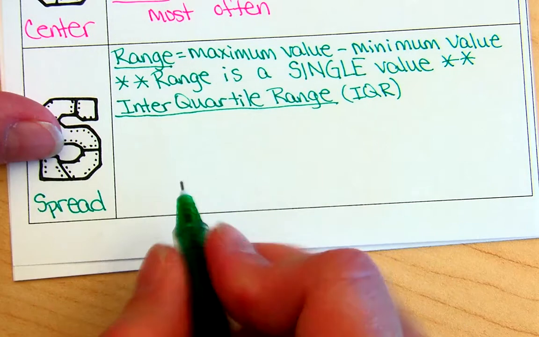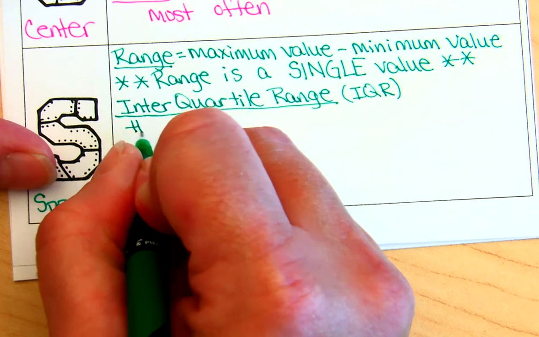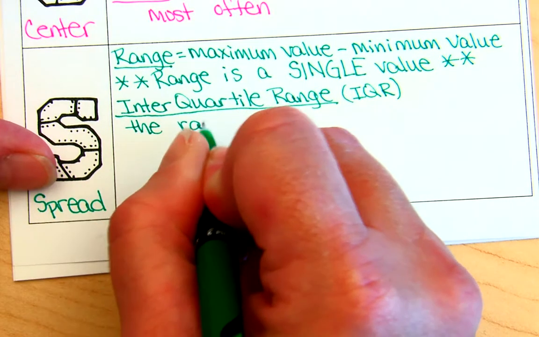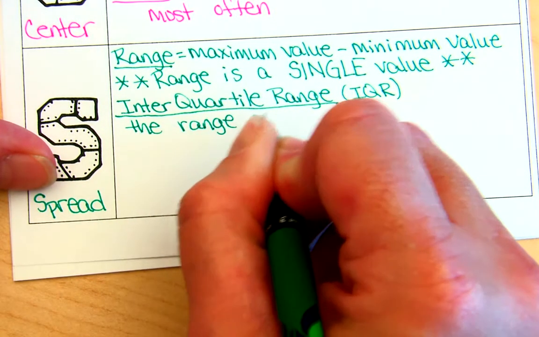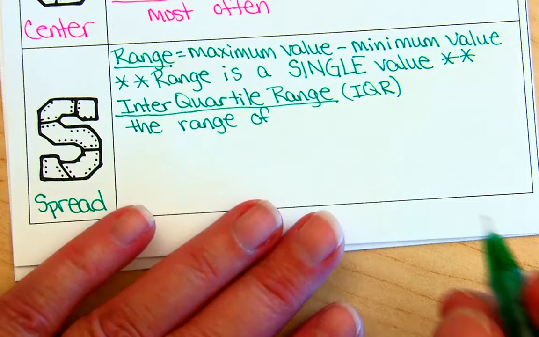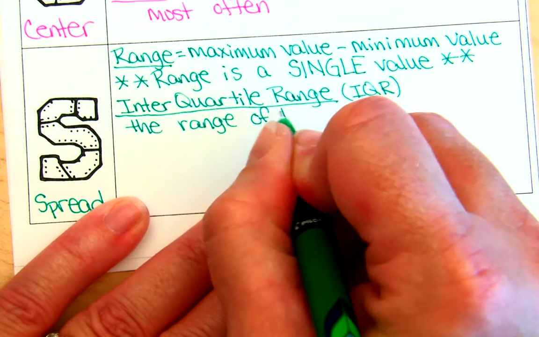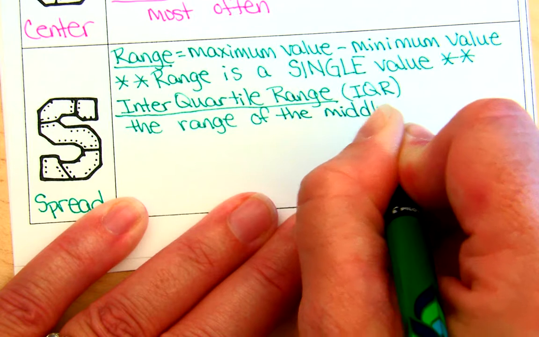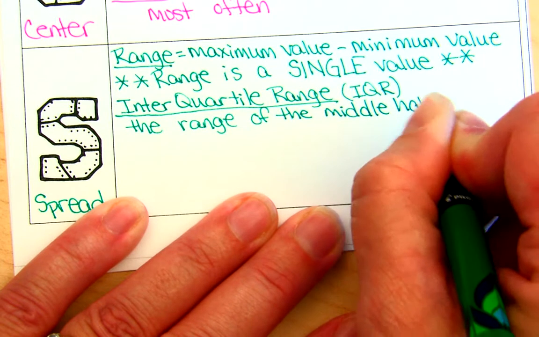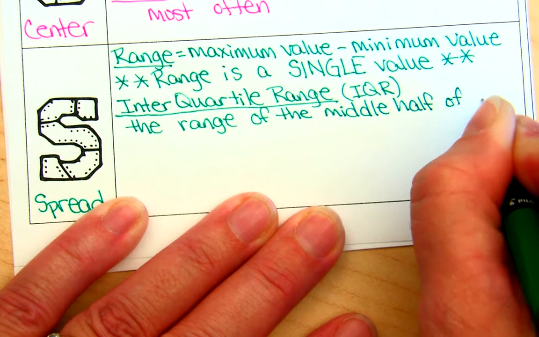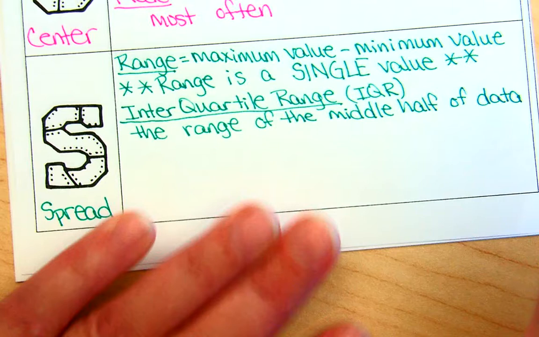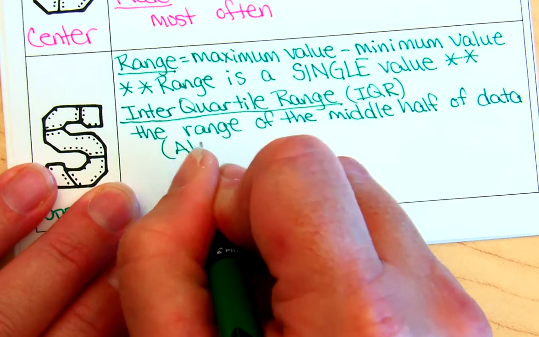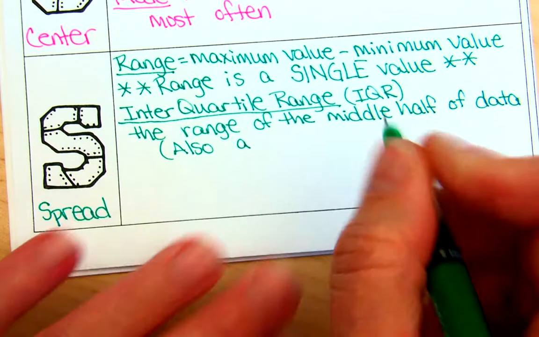Awesome. We'll use it a lot. You'll know it well. This is the range of the middle half of data. And this is also a single value.